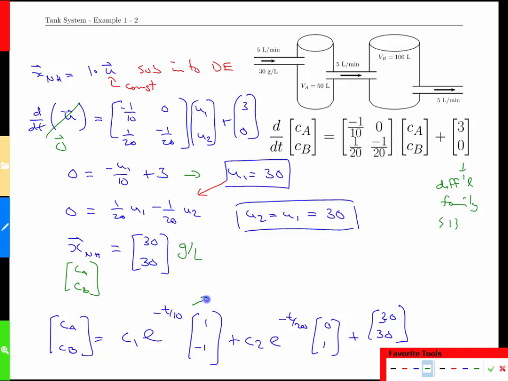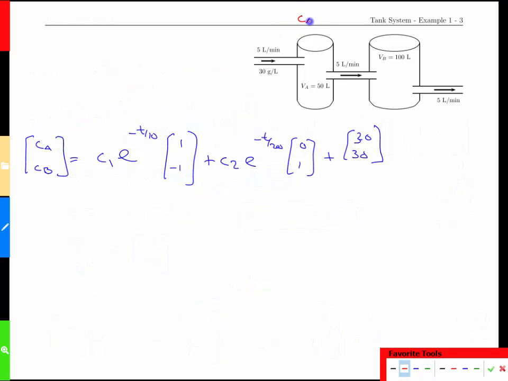And what we see is as this goes to 0 and this goes to 0 with time going to infinity, this whole thing is going to approach 30 over 30, which again matches our intuition. Over time, eventually all the water in here to start with is going to get replaced with the salt water at 30 grams per liter.